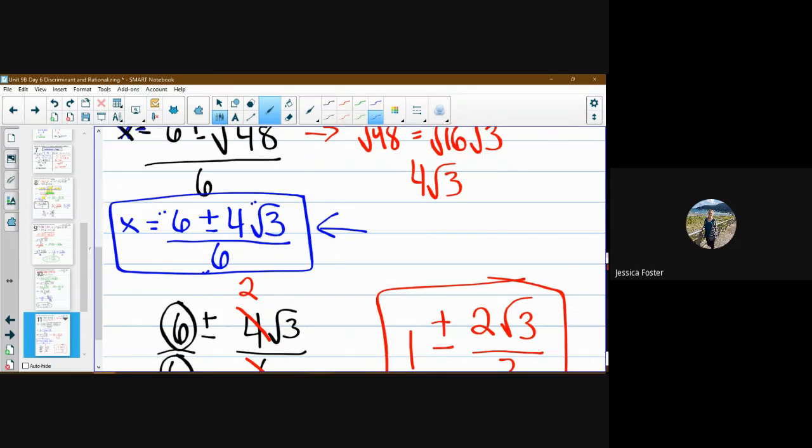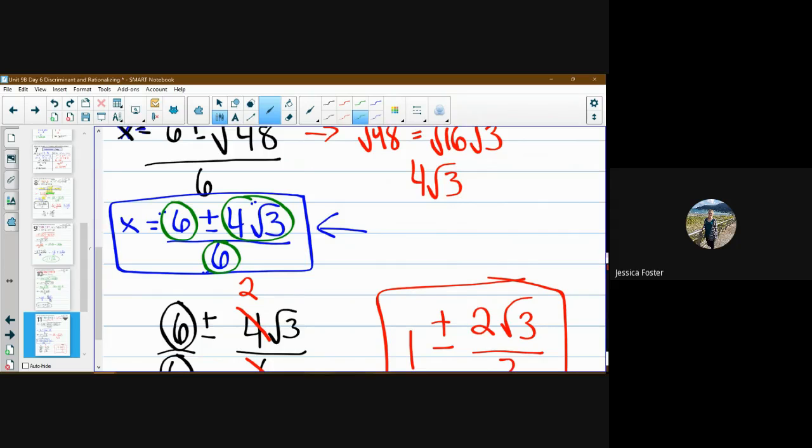You just got to be careful that whatever you're simplifying with has to go into all 3 terms, not just one of the terms. There is a number that goes into 6, 6, and 4, but it's not 6. 6 doesn't go into 4, right? So we could divide each of these terms by 2, because 2 goes into all of them, but we can't divide it all by 6.